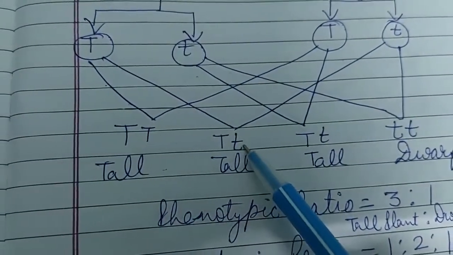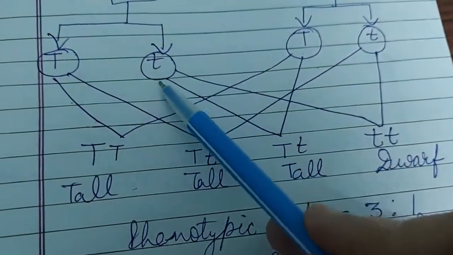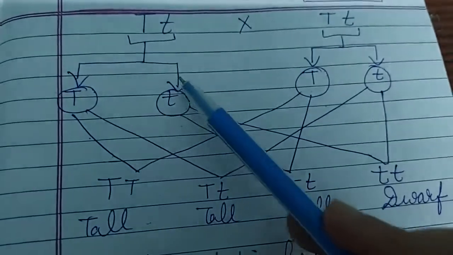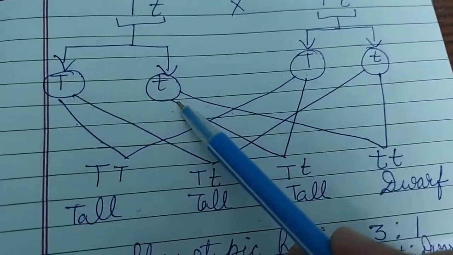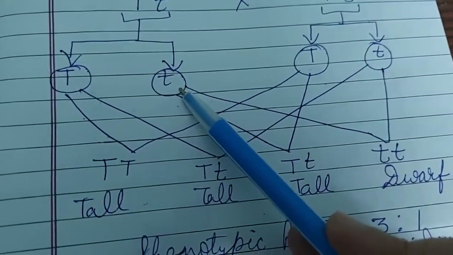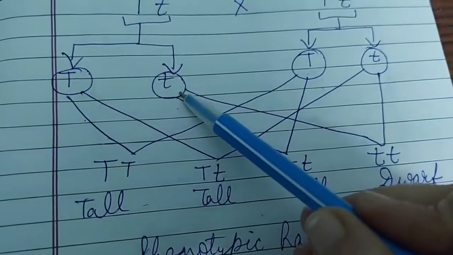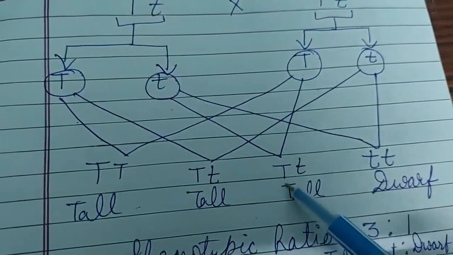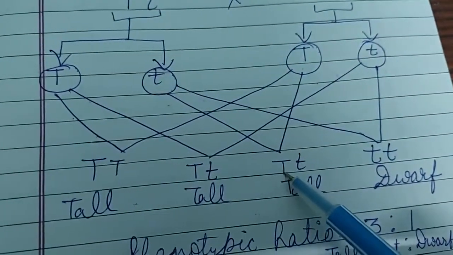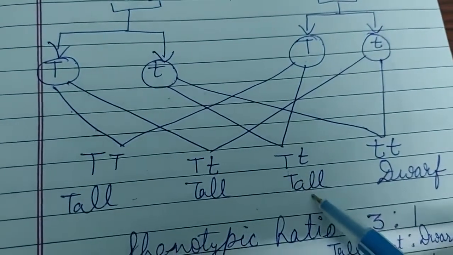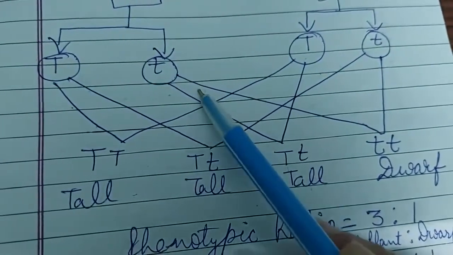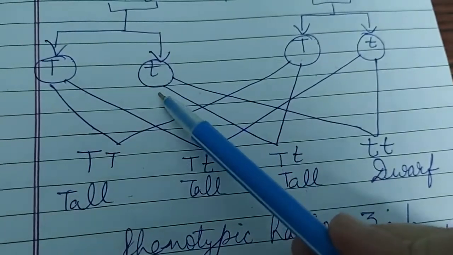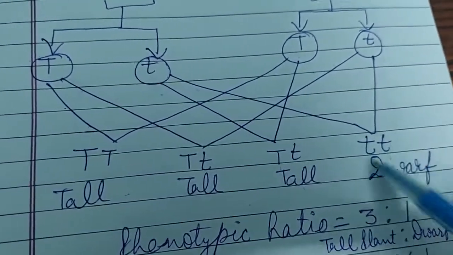Small t denotes dwarfness. And when the second gamete of father combines with the mother's gamete of capital T, capital T will show its dominance and the plant will be tall. And if we see the other small t and small t, the plant will be dwarf.